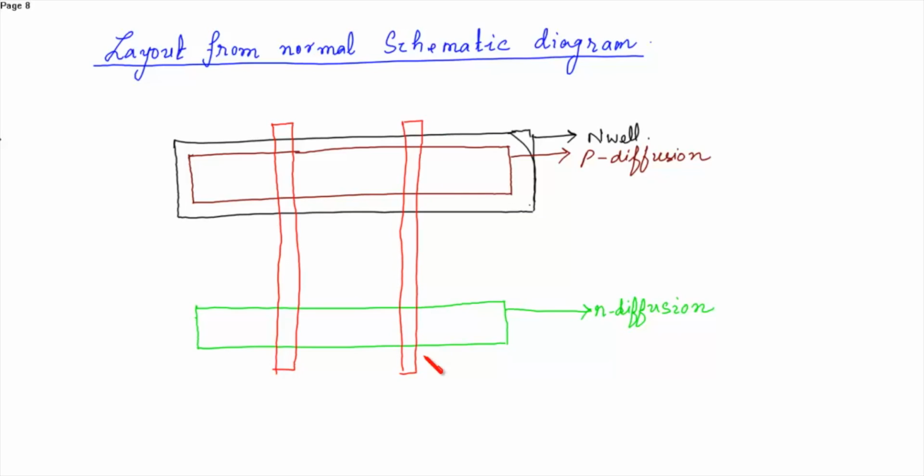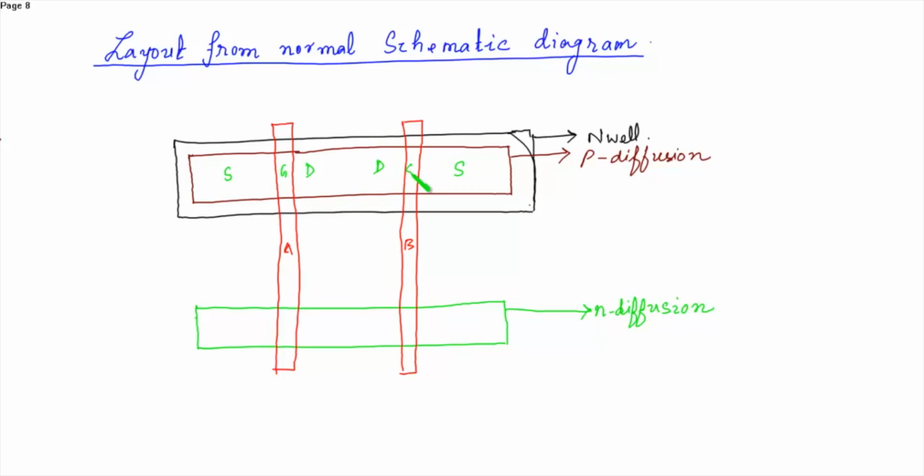These are the two inputs, A and B. The output will be Z. If you want to label the source and drain, this is the source terminal of P1, this is its drain terminal, this is the source terminal of P2, and this is the drain terminal of P2. Since these two are shorted, we need not do anything over here.